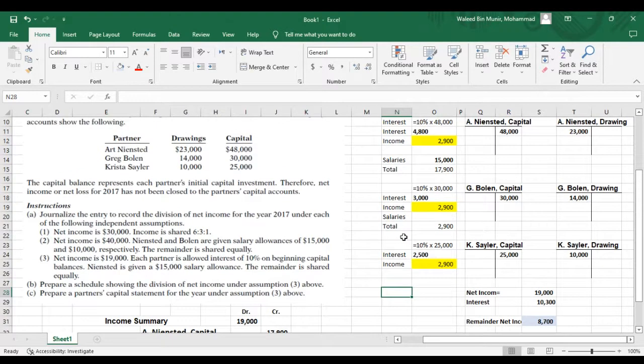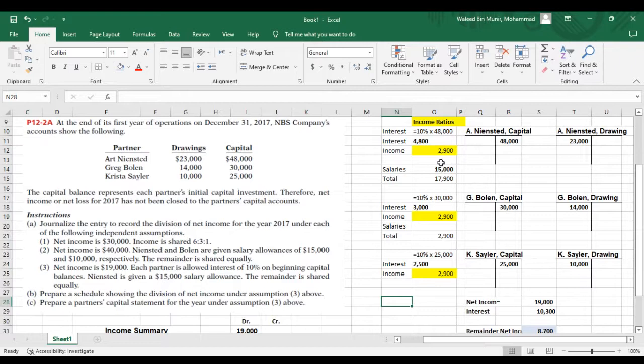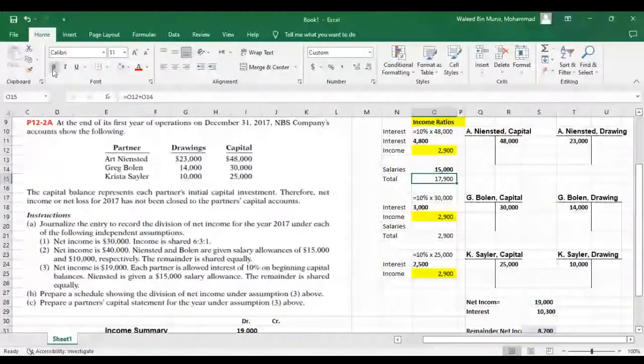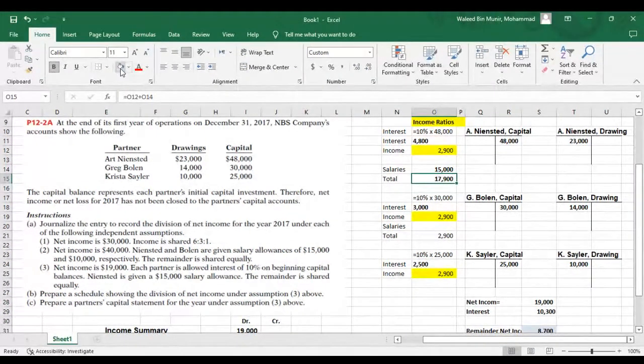So first one, he's getting salary, right? Here they are not getting salary, right? So for the first partner, what is the total amount he's going to receive? He's receiving his share, which is interest, income, and salary, right?